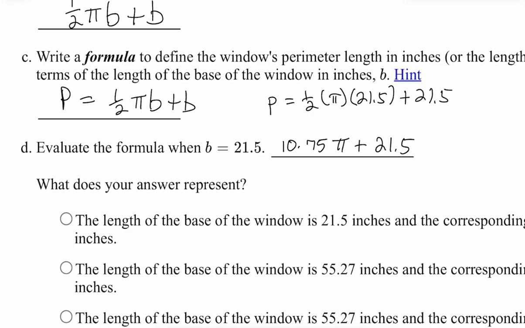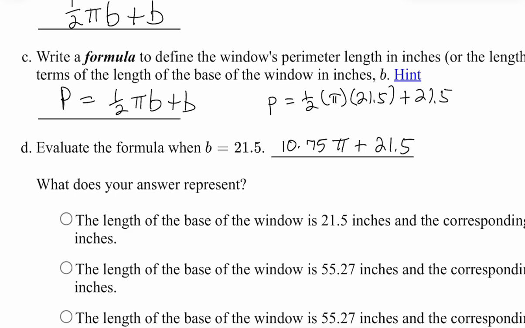Go ahead and try it. All I did was stick the B into our formula right here. And then you guys tell me, did it work? Did it turn green and say everything's wonderful? If you typed in 10.75 pi plus 21.5, what does it say? Is it good with it?